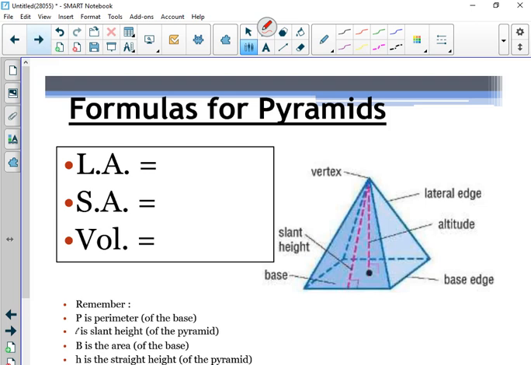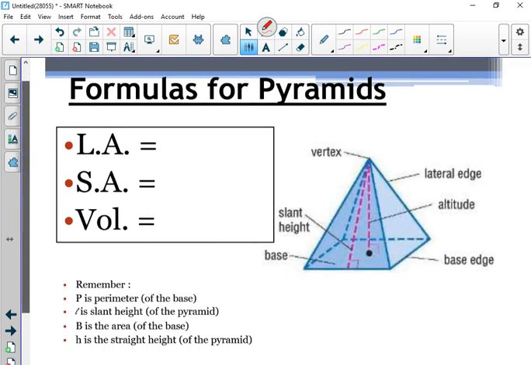Now, the formulas for pyramids. The lateral area, which is basically the triangles that make the sides of the pyramid, is 1/2 the perimeter of the base times the slant height.